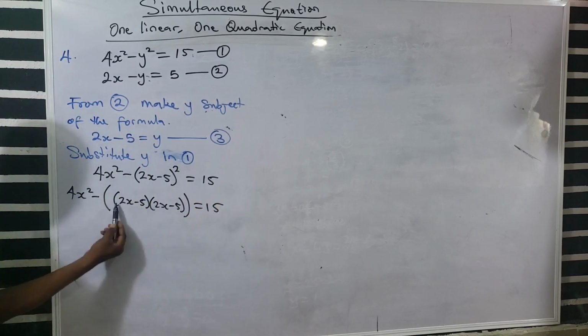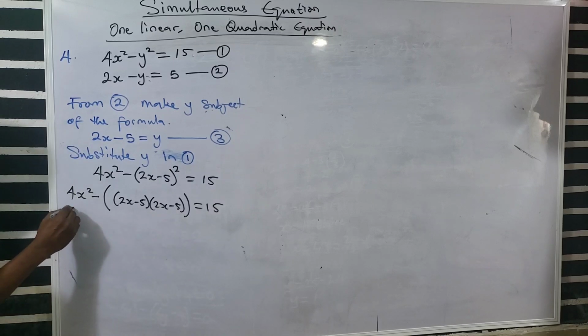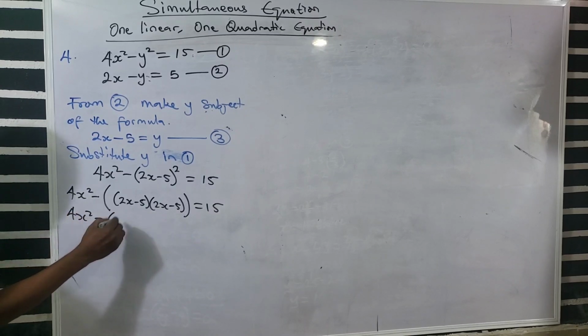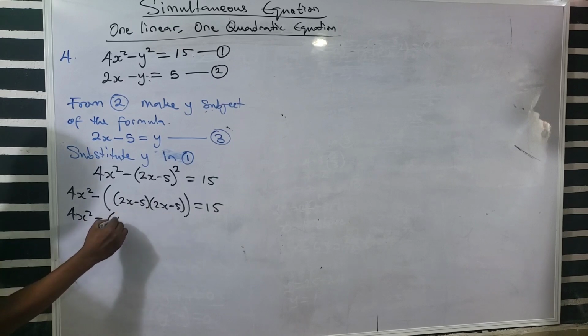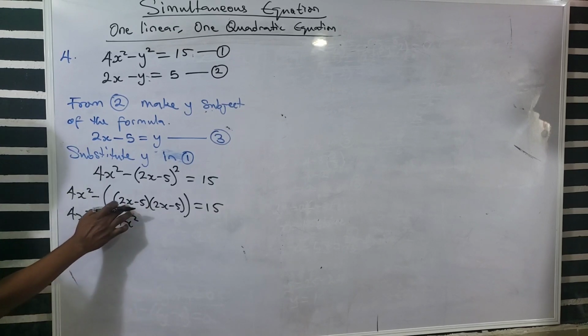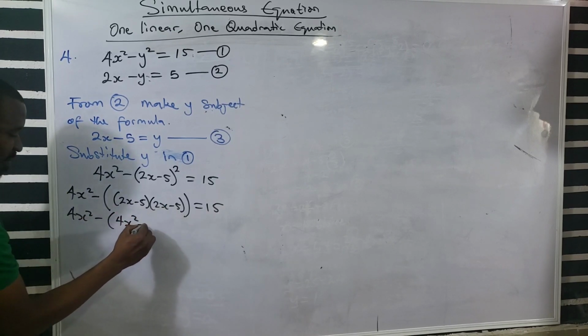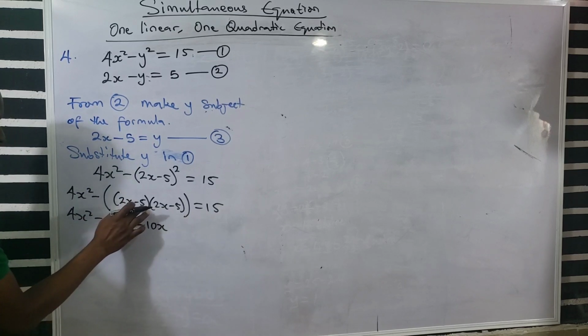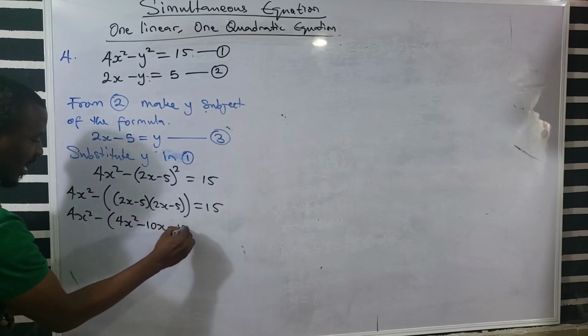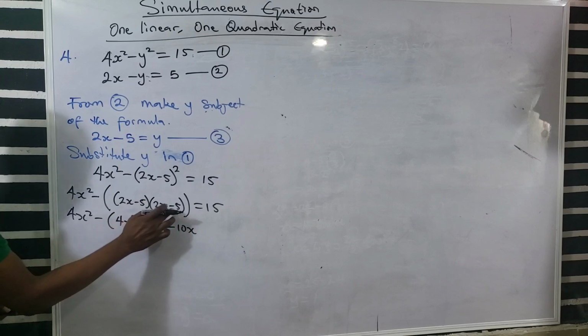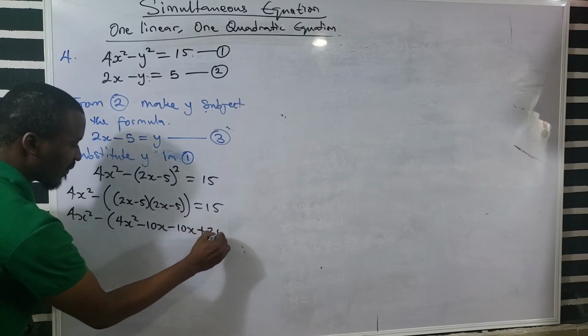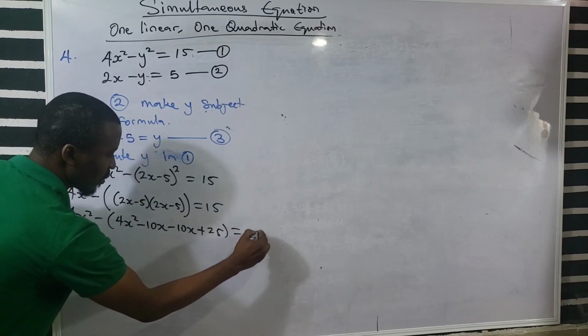So I want to expand this bracket here. So 2x times 2x will give me 4x squared. 2x times minus 5 will give me minus 10x. Minus 5 times 2x will give me minus 10x. Minus 5 times minus 5 will give me plus 25 equal to 15.